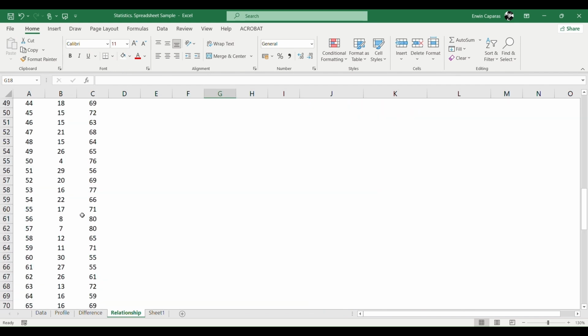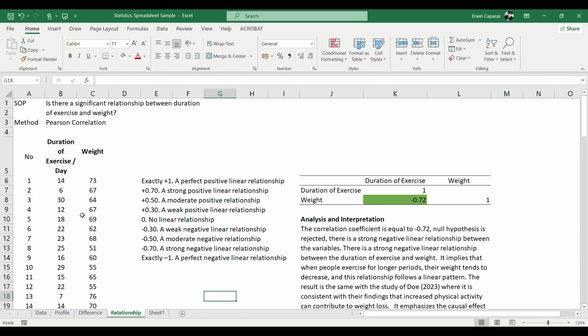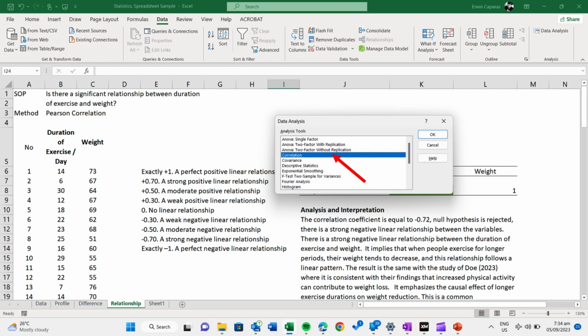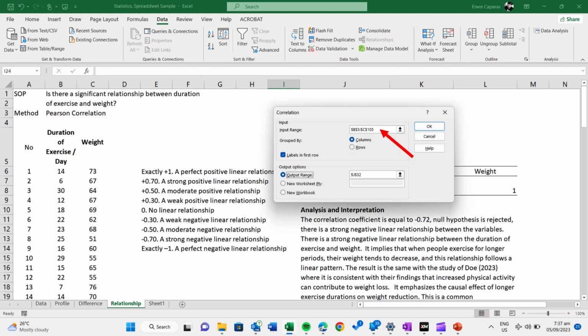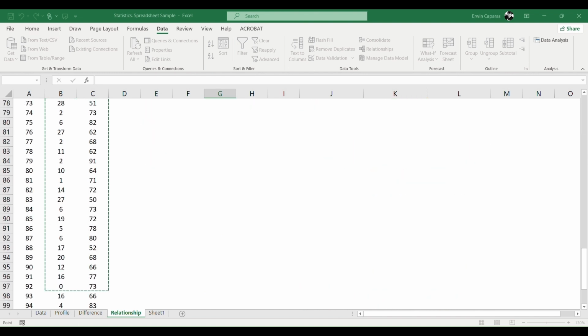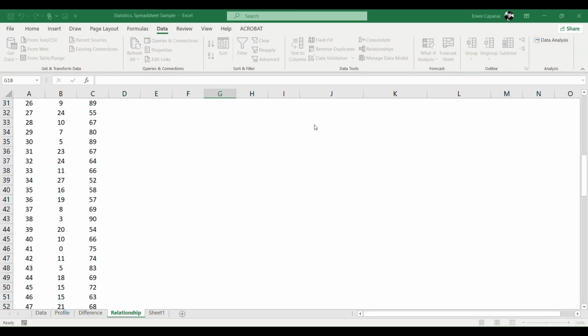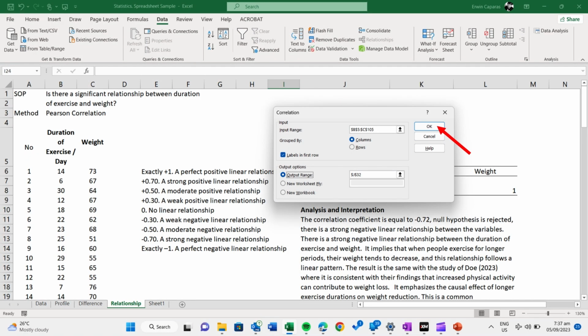Now that we have the data, we can now click the data analysis, and then we look for correlation. And then we click OK, and then we highlight the input range, the whole data from top to bottom, labels in first row, and then the output range, we place it just below our table, and then we click OK.